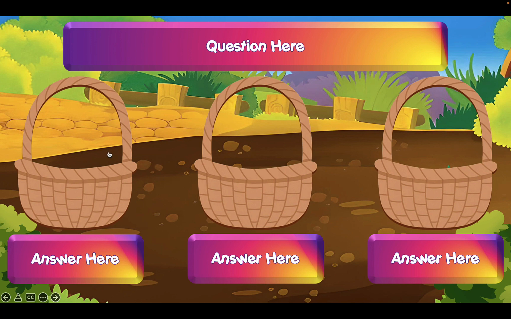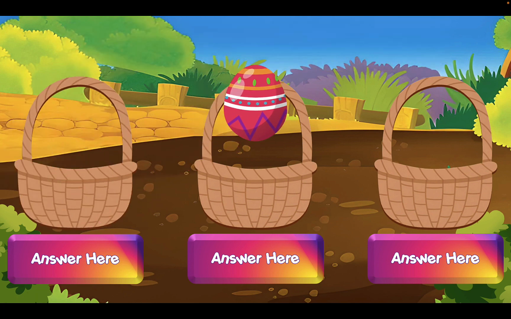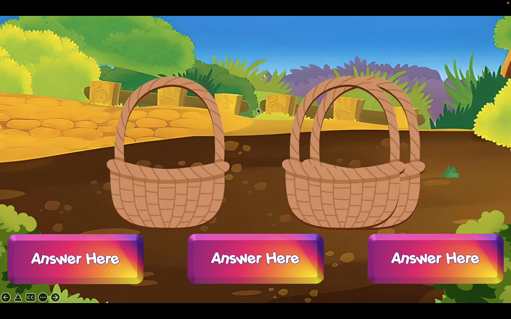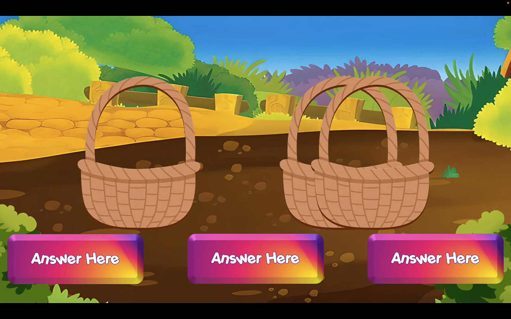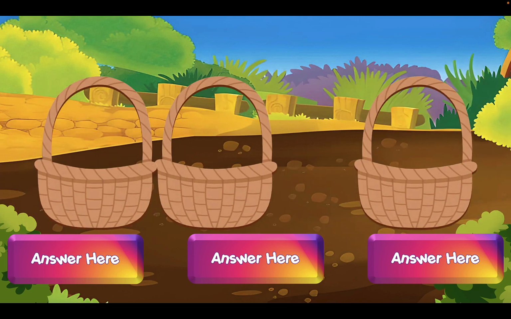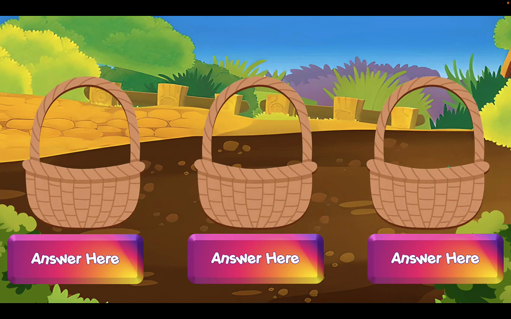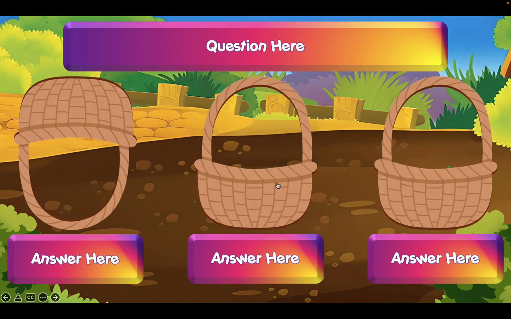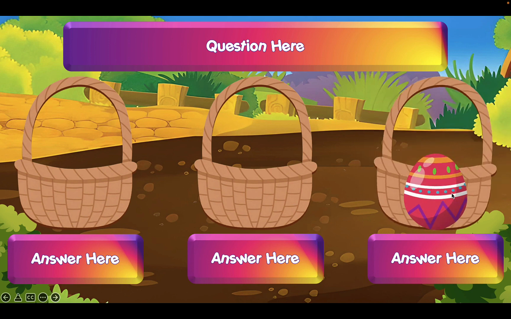All right, let's click on some basket here. All right, there it is. Let's do it again. All right, let's try the first basket. No egg there, no there, and there it is.